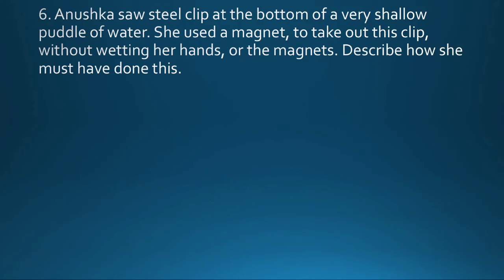Question number 6. Anushka saw a steel clip at the bottom of a very shallow puddle of water. She used a magnet to take out this clip without wetting her hands or the magnet.